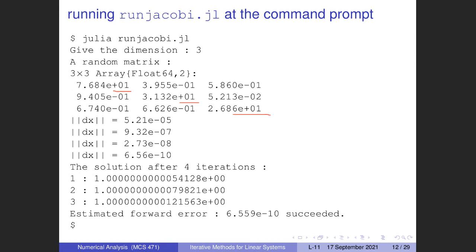The exponents are +1, so they are all of the size 100, so 200, 300, 700, while all the other elements are less than 1. You could say that if you would look at only the first decimal places in a regular notation, then indeed you would have a matrix which is close to being diagonal.